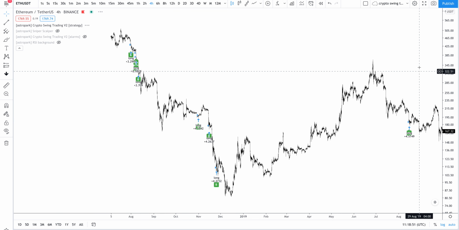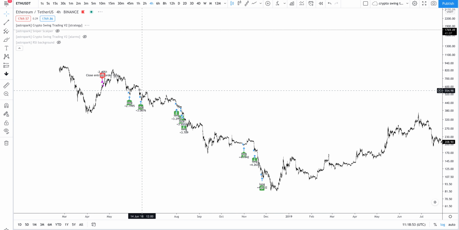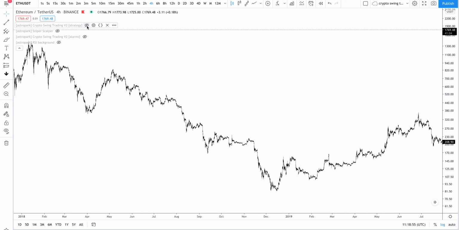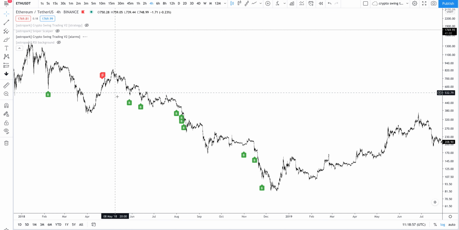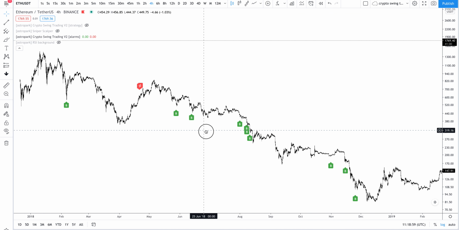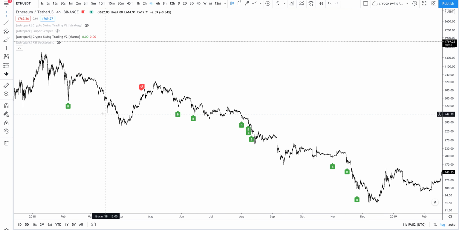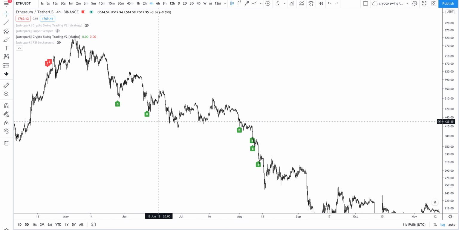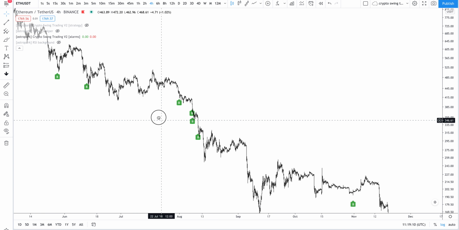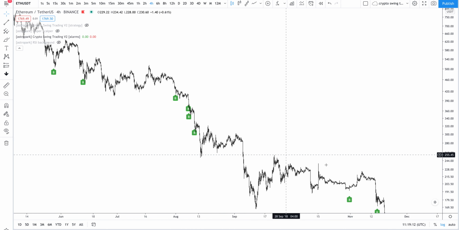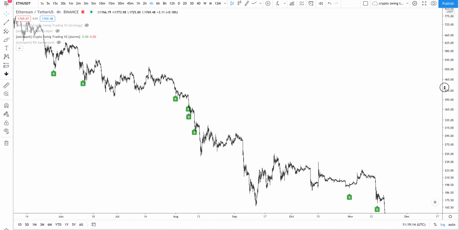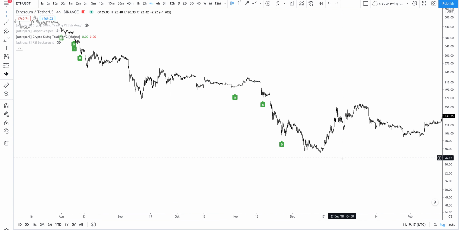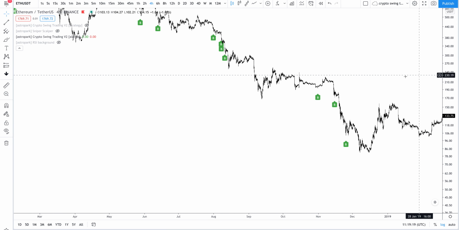Here, for example, there were a lot of buy signals that were given here while the price was in a downtrend. Okay, but if you take each one of these, you had a bounce. Here again, you had a bounce. Here, really not. It was really dropping hard. But I guess you understood the point of this.